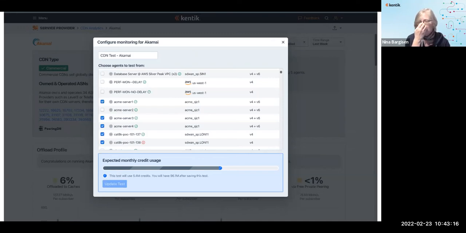Then you will get the warnings into your system, so you will know before the service goes bad, that you will see that there is a degradation, and you will be able to see whether you need to mitigate that, or if you can mitigate it.